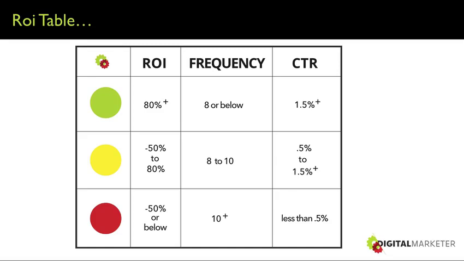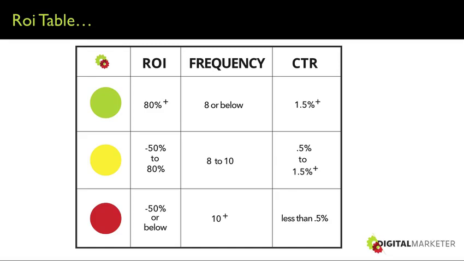Effective frequency is 7 to 10. That's the perfect amount that an audience should see an ad before they really get the message. So at 8 to 10, you really need to start looking at increasing that audience size. If your frequency is already over 10, we definitely need to stop and scale the ad if your ROI or your click-through rate is where you want it to be.